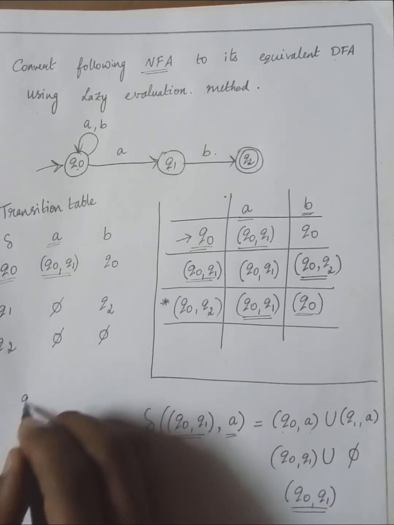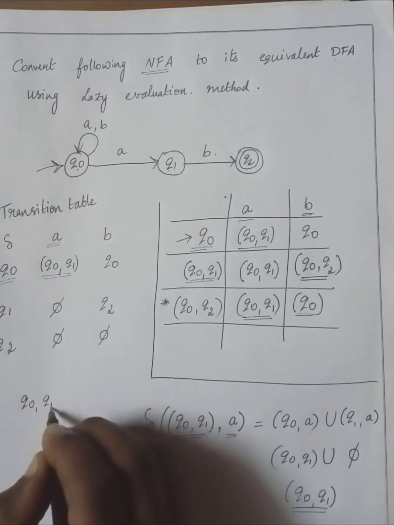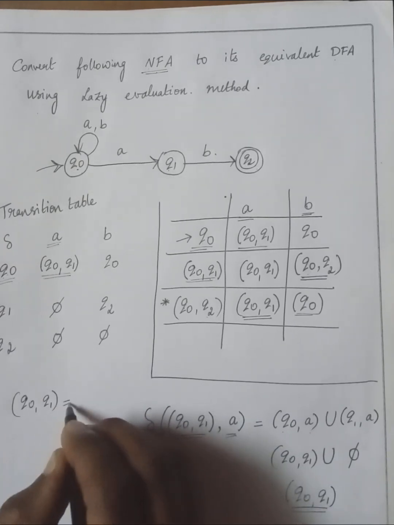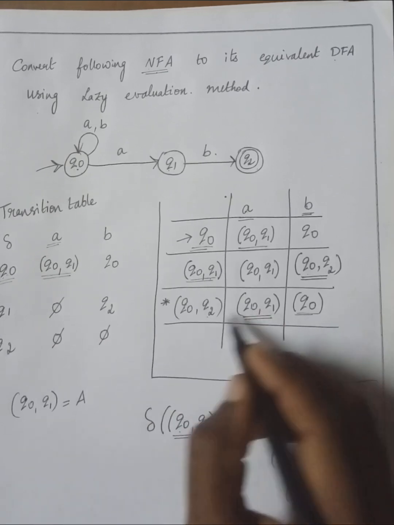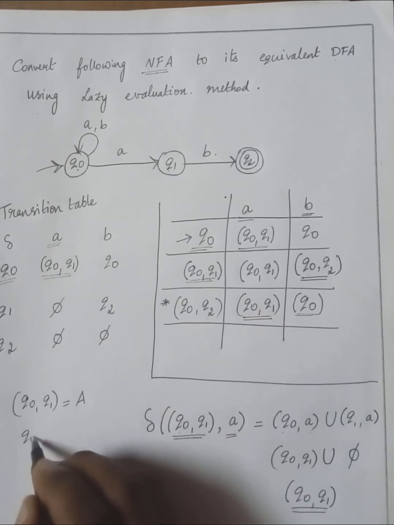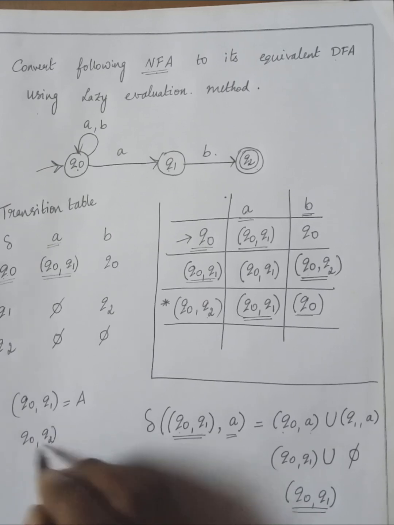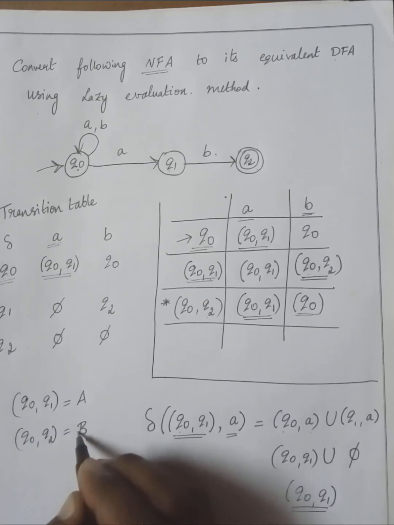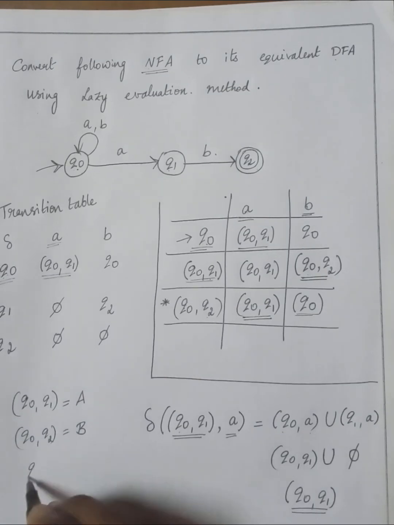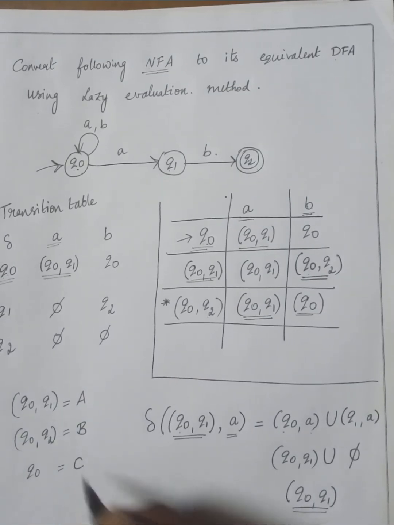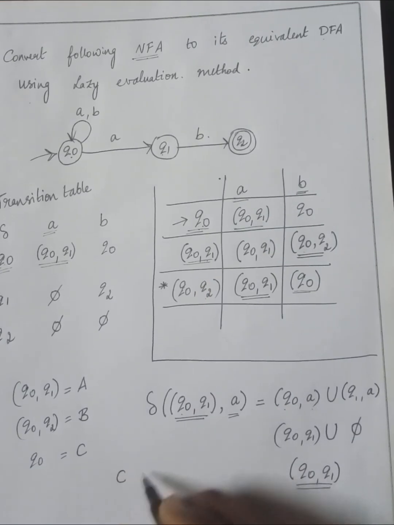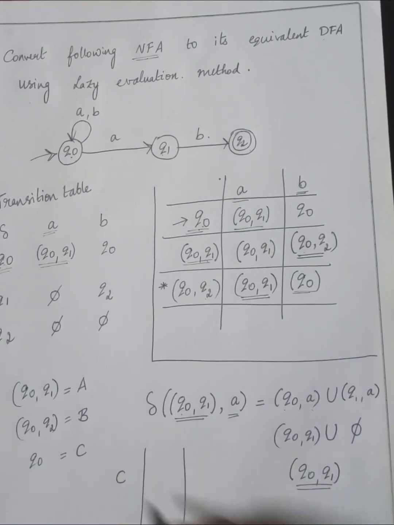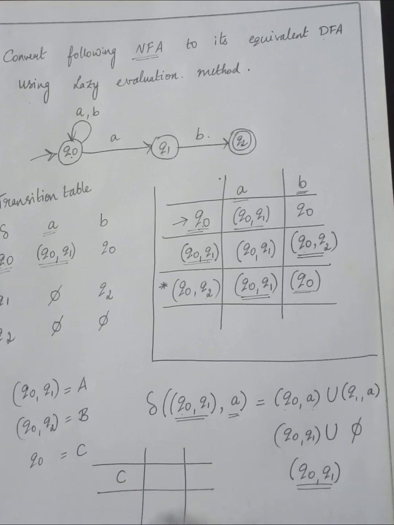For example, if you have Q0 and Q1, you can give a new state name, A state. In the same way, whenever we have Q0, Q2, we can give the name B state. And for Q0, we can give C state. So wherever we have Q0, we can replace it with C state in the table, and we can draw a new table.